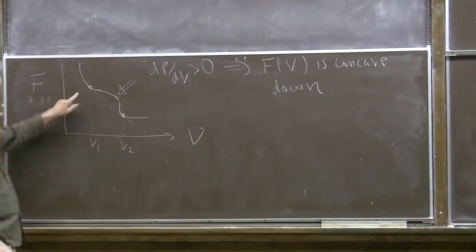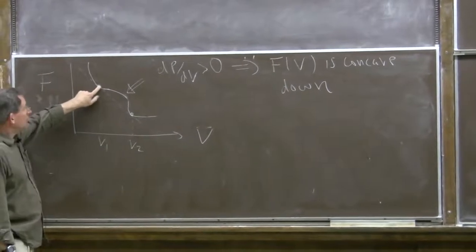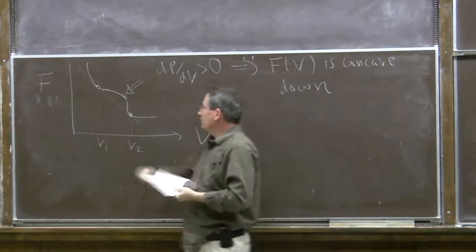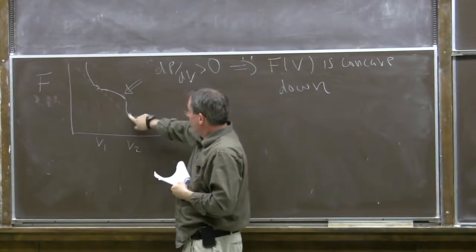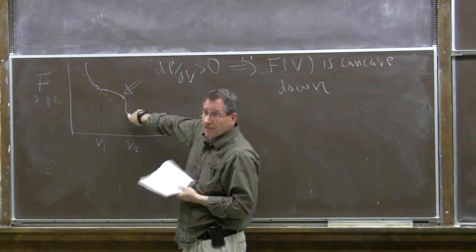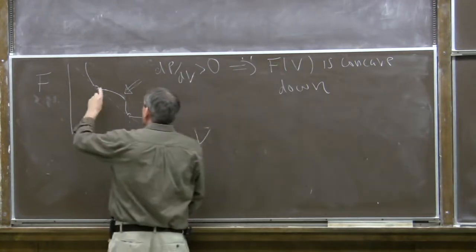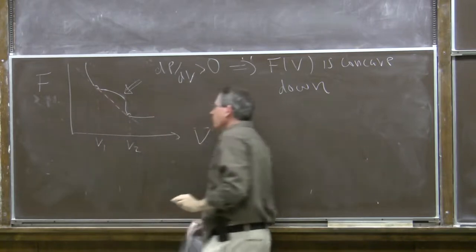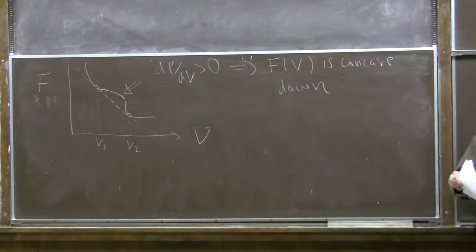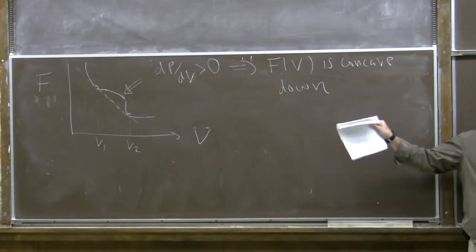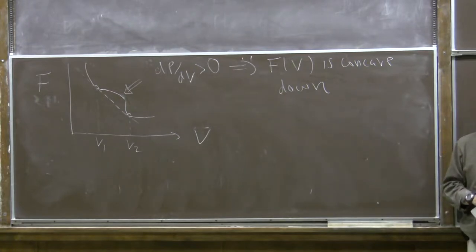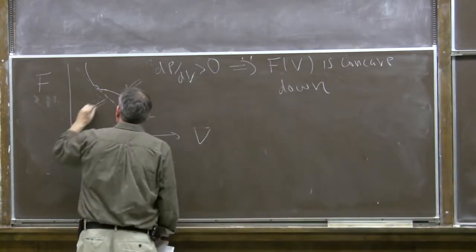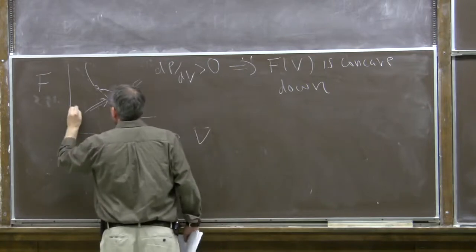And if I consider a mixture of this phase and this phase, with a fraction of all the volume described by this phase, and the remaining volume described by that phase, then the Helmholtz free energy will just follow this straight line. Where we are on the straight line is determined by what fraction of the total volume is in phase 1 and what fraction is in phase 2. Okay? So this is what the free energy would look like in the mixed phase.